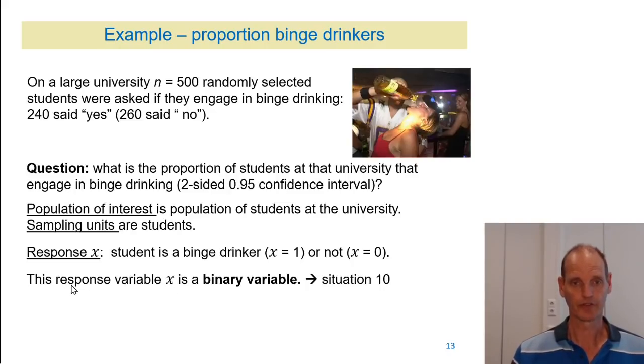So the response we gather from this is a binary variable. We take one sample, so from this we understand we need to use the methods for situation 10. And in the study guide you also see, for example, for a test, which test that would be, namely the binomial test.